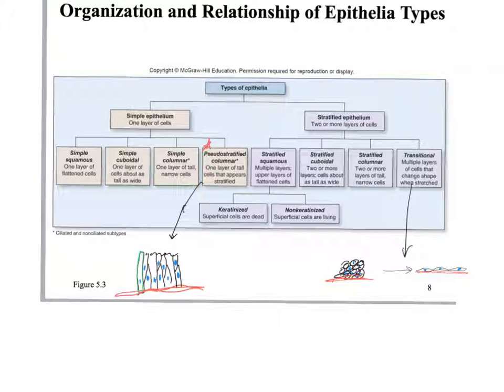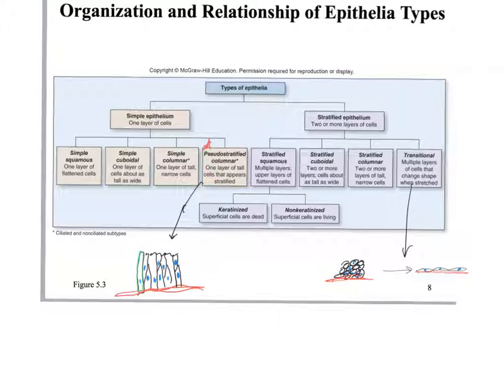The non-keratinized stratified squamous is found lining the mouth, right? Your nasal passages, right? Parts of the vagina, right? The cells on the apical surface are alive. It's still stratified squamous, but the cells are not filled with keratin. They are alive at the apical surface and help protect the underlying cells. Okay?